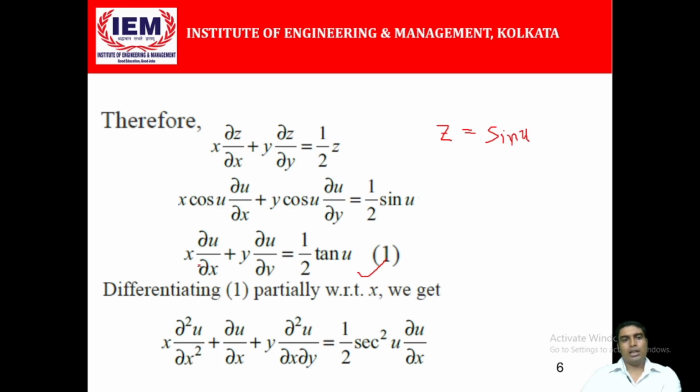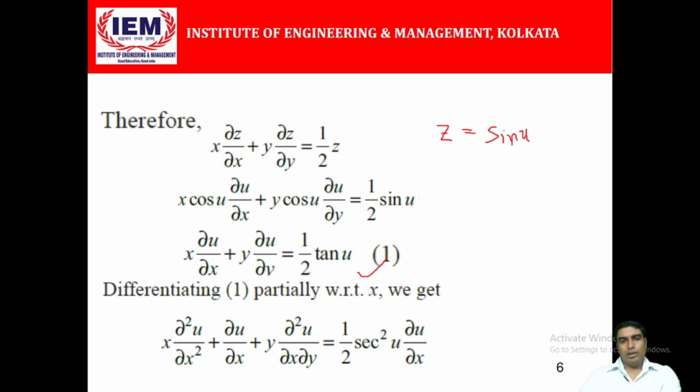Then next, the partial derivative of x with respect to x will be 1, so only del u del x will be there, plus y times del 2 u del x del y, and the partial derivative of y with respect to x will be 0, so there is no term. On the left hand side the tan u derivative will be sec square u del u del x, right?